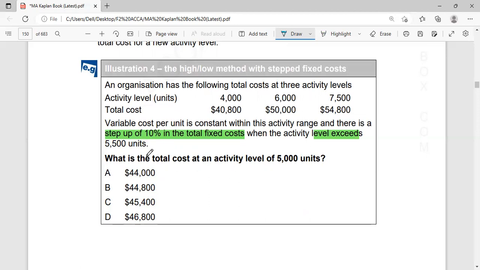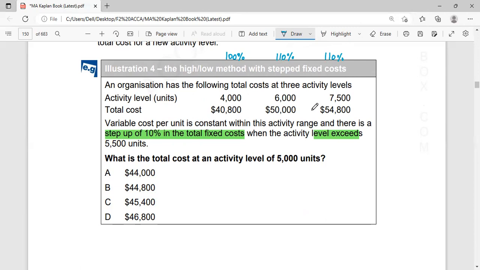If there is a step up after 5,500 units, it means that, for example, if fixed cost is 100%, then above 5,500 units it will become 110%, because there is a 10% step up in fixed cost. So after 5,500 units, like at 6,000 units, the fixed cost will be 110% because it's above 5,500 units. Similarly, at 7,500 units, the fixed cost will be above 100%. It will include the step up element, so it will be 110%.